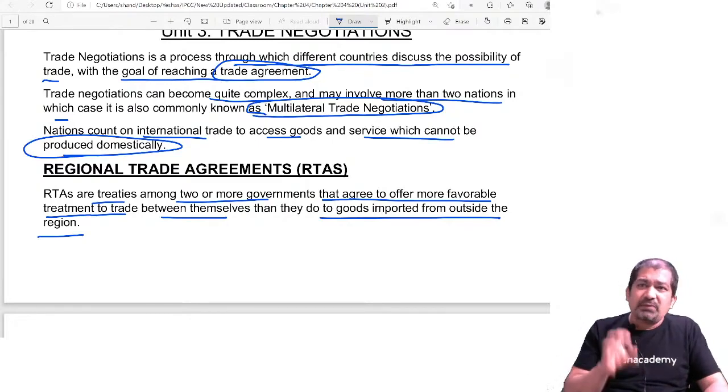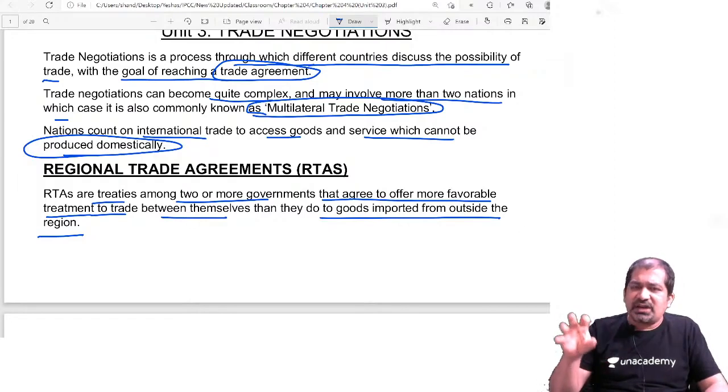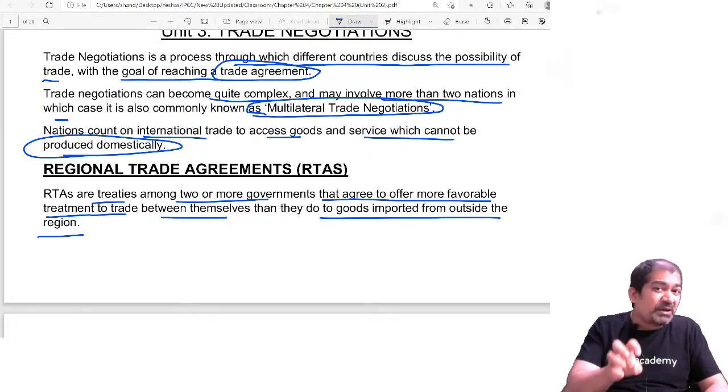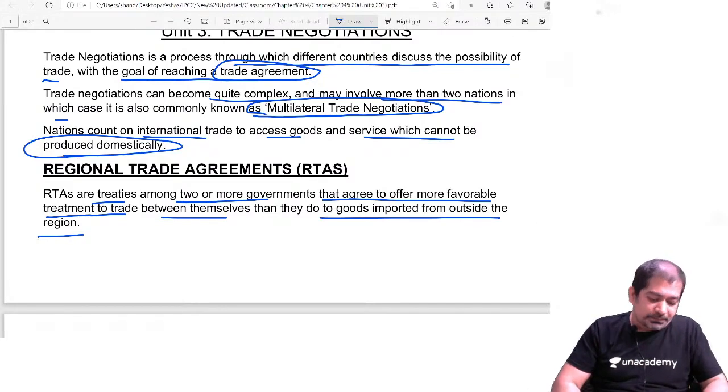What will it do? It will benefit the member countries. If Brazil, Russia, India, China and South Africa agree to decrease the import duty on goods imported from each other, they need not pass on this benefit to other countries who are not part of the group. So it will mutually benefit only those members who are part of the trading bloc.